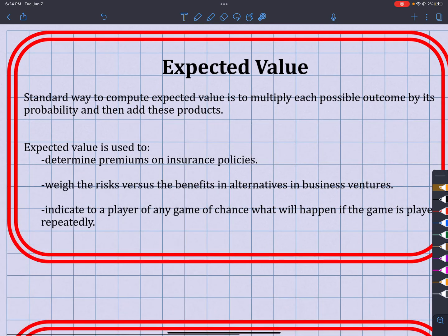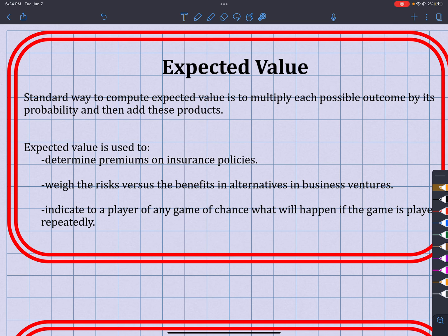So now we're talking about expected value. The standard way to compute expected value is to multiply each possible outcome by its probability and then add these products. One of the things that it doesn't say to you is that the possibilities here are not all wins.